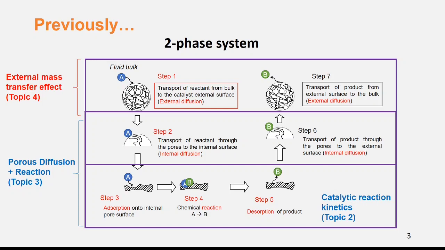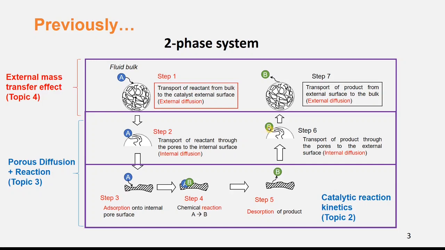However, for the reactants to reach the catalyst surface, they need to diffuse into the pore from the outside of the catalyst pellet. The products also need to diffuse out of the pores to reach the pellet surface.